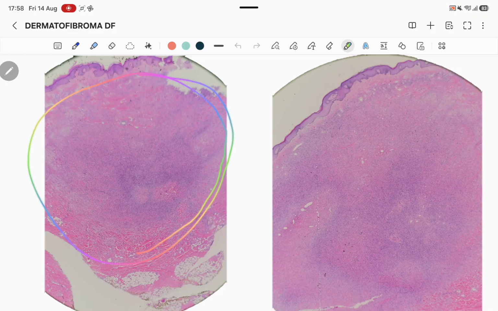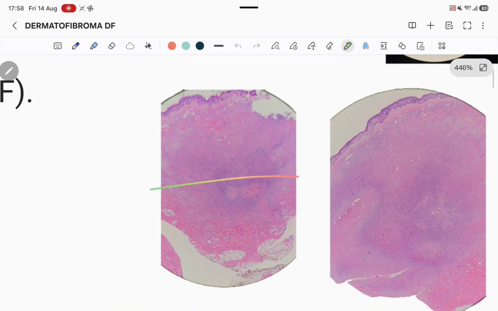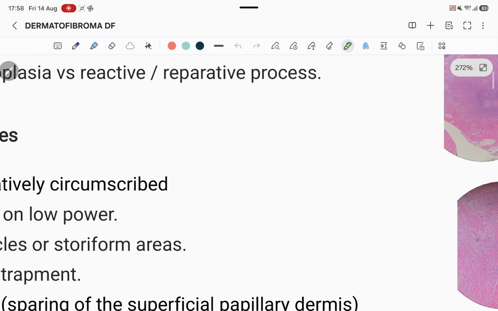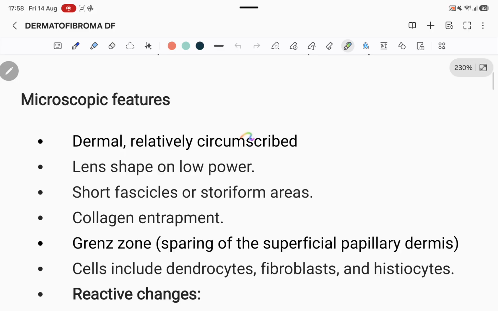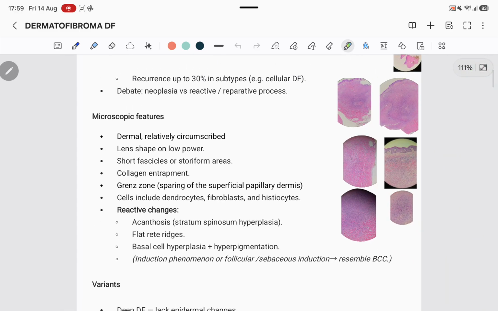It has something they call a lens shape, with its long axis parallel to the epidermis, but it's not a defining feature. Anyway, it is relatively circumscribed, and you can see the lens shape on low power. Sometimes it's really difficult to tell, but you can see short fascicles or storiform areas.